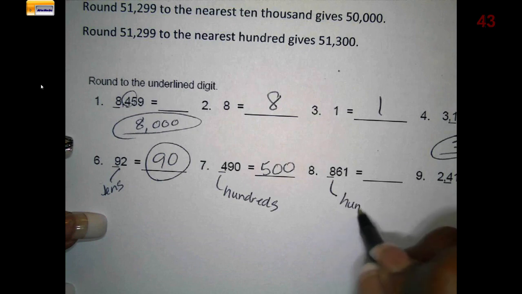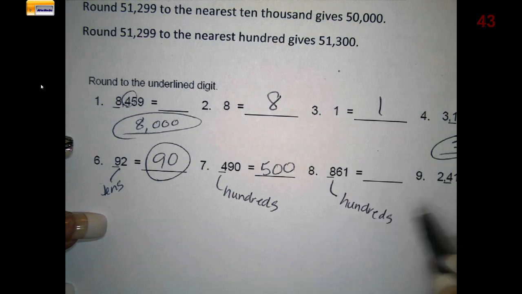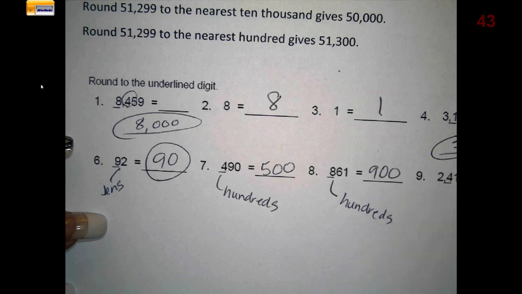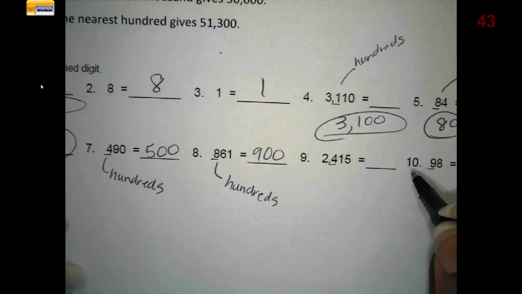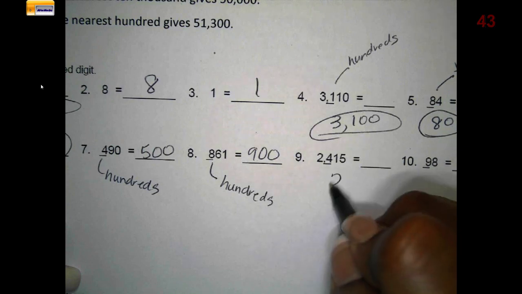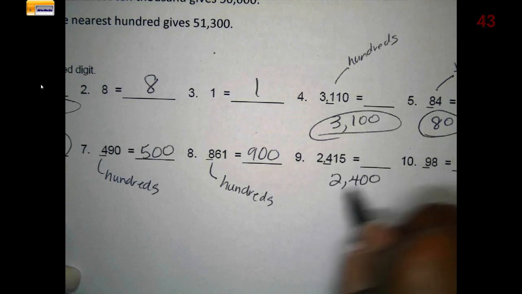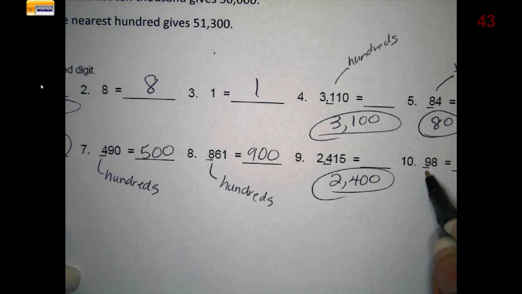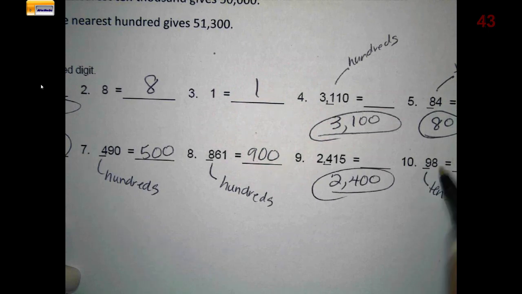Hundreds. And so what would that give me? 900. Okay? And number 10. Rounding to hundreds, which would be 2,400. And number 10. We're rounding to the what? Tens. Right next door, I get 100.